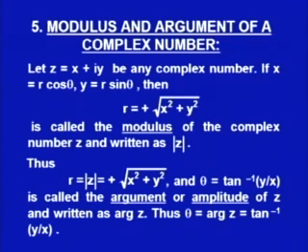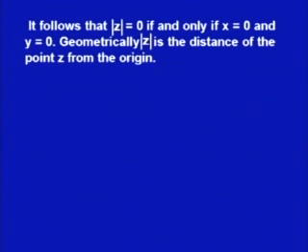So, therefore, theta equal to argument z equal to tangent inverse y by x. So, from this it follows that modulus z equal to 0 if and only if the real part x and the imaginary part y both are 0, and geometrically modulus z is the distance of the point z from the origin.